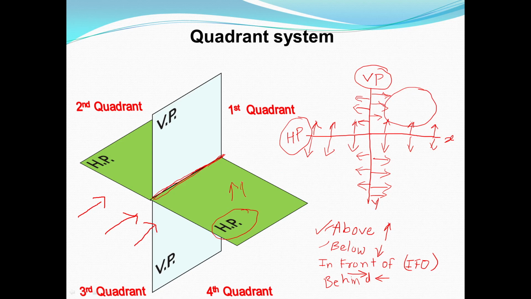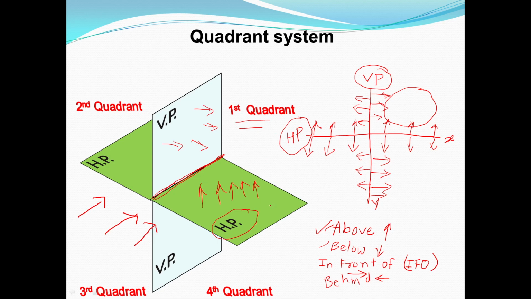Above the horizontal plane, the object is in the first quadrant, meaning the object is above the horizontal plane and in front of the vertical plane. The object bounded by this vertical plane and horizontal plane is in the first quadrant.